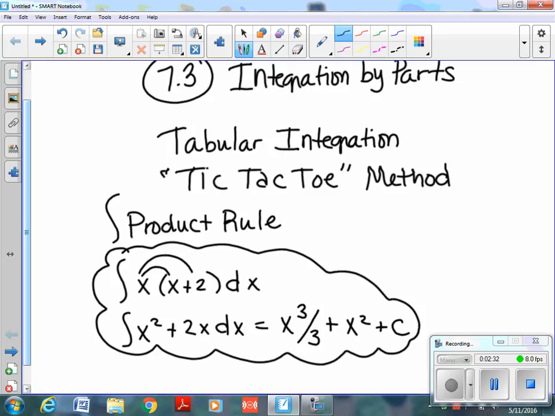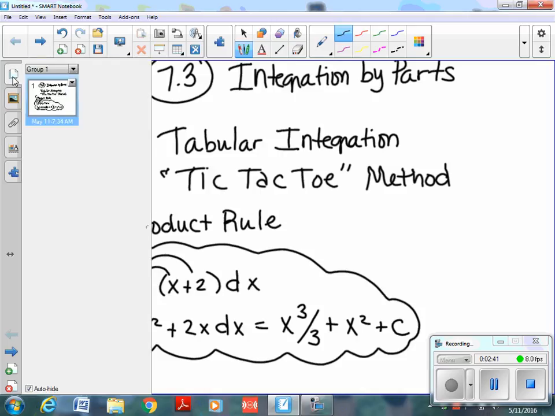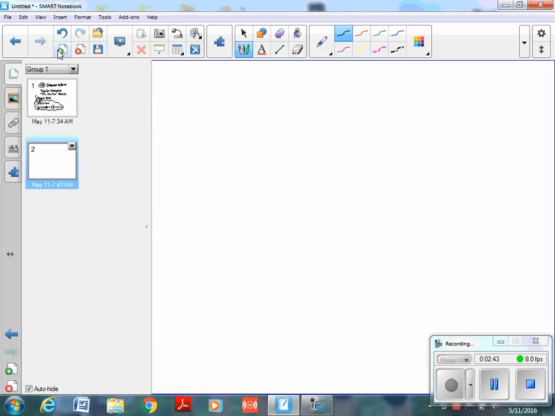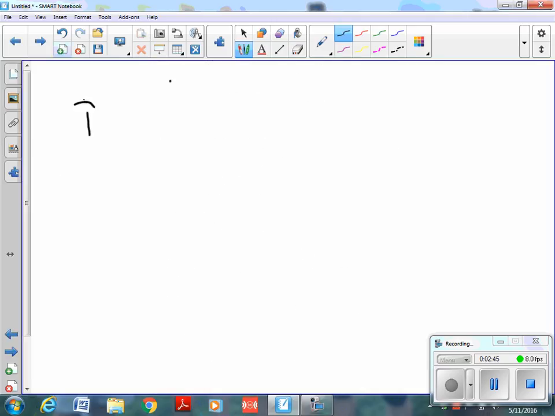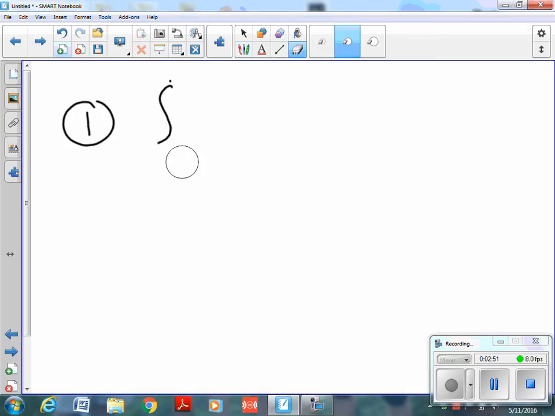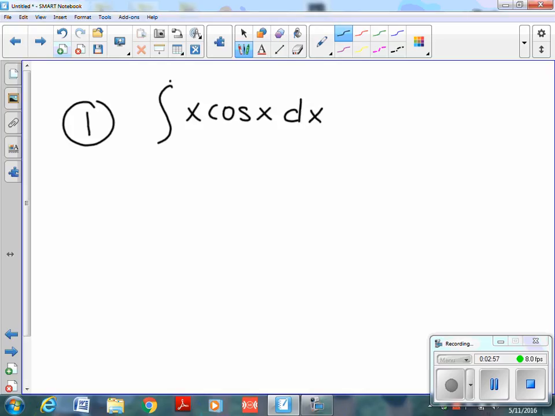So I'm going to give you 4 examples using the tic-tac-toe method or tabular integration. Number 1, we're going to integrate x cosine of x dx.